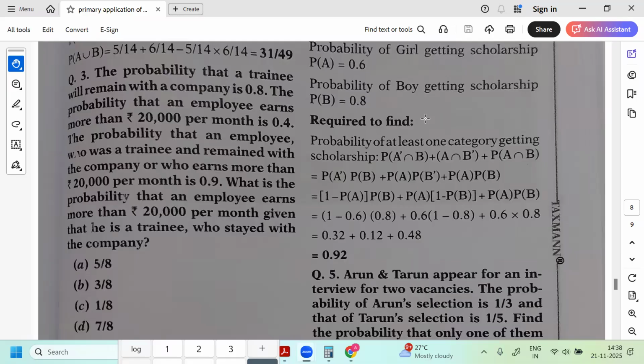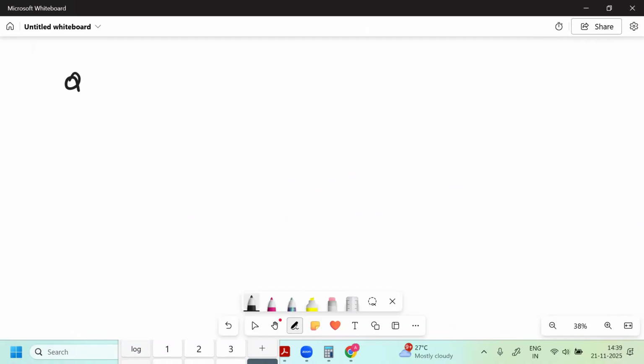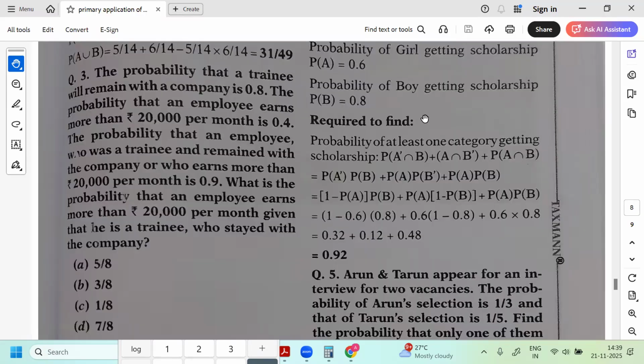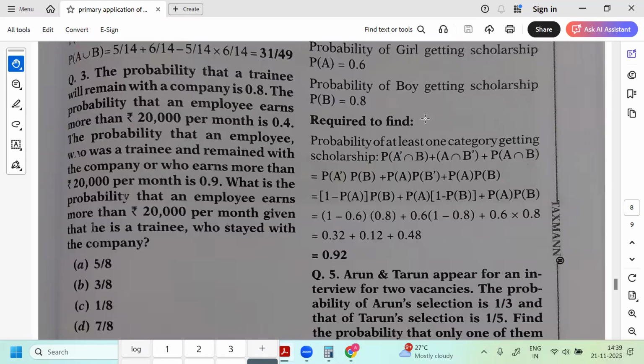Now let's discuss problem 3. The probability that the trainee will remain with the company is 0.8. So here in question number 3, suppose a trainee is in the company, the probability that the trainee remains with the company is 0.8.